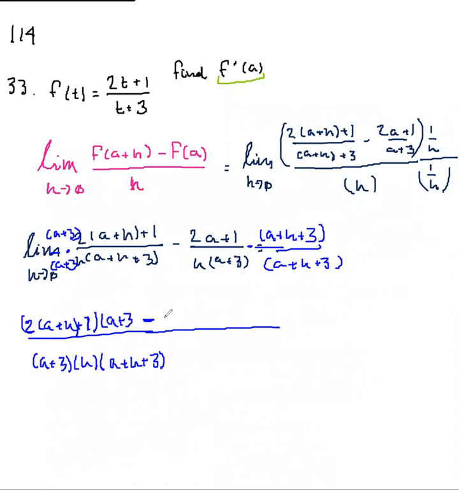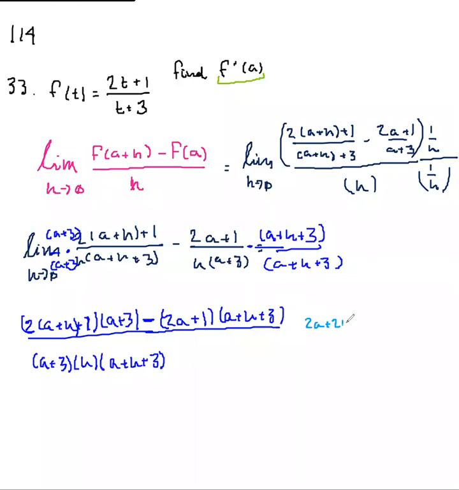So I can say that this is minus 2a plus 1 times a plus h plus 3. Yeah, I can do that. So we're back to simplifying. This will be, oofda.